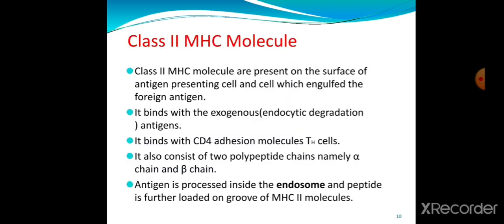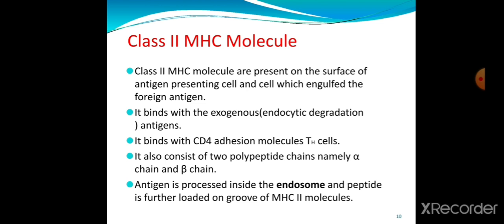Now class 2 MHC molecules are present on the surface of antigen presenting cells, cells which engulf foreign antigens. It binds with exogenous, endocytic degraded antigens.